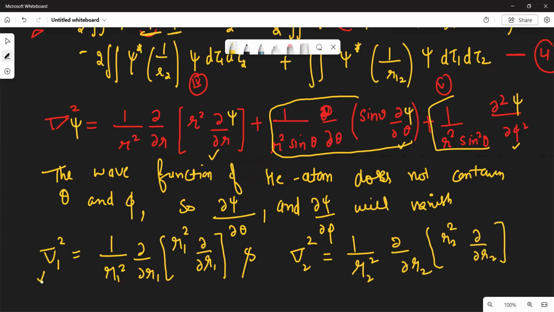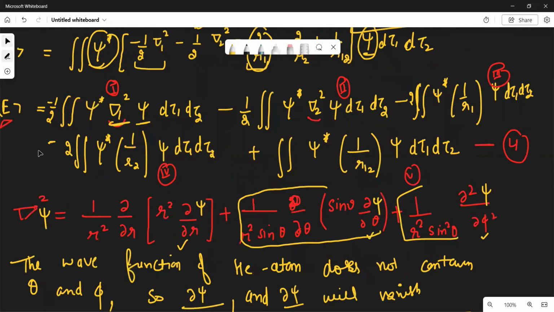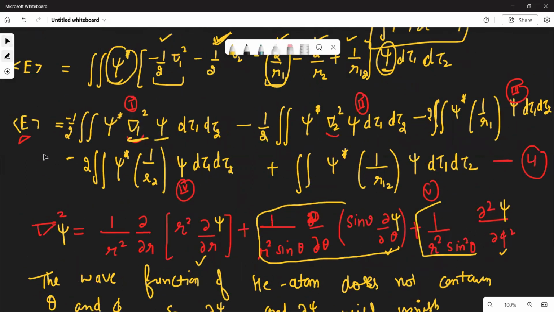Okay, so this is the Laplacian operator for electron 1, and this is the Laplacian operator for electron 2. Now we will solve the first integral and second integral by using these del 1 square and del 2 square expressions.